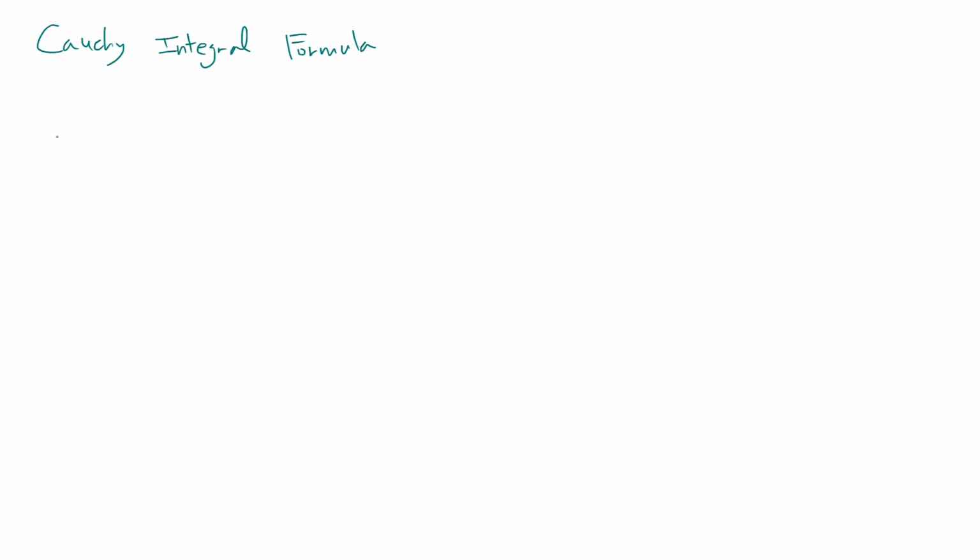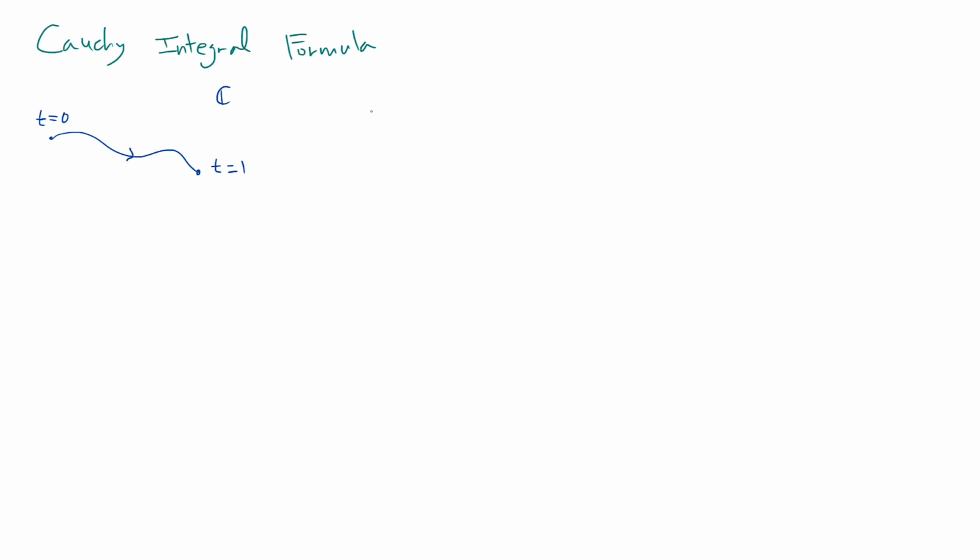So the first thing I want to remind you of is the concept of a path integral in the complex plane. If I'm moving from here to here, you can think of parameterizing this path, all of this happening in C, from time equals 0 to time equals 1.